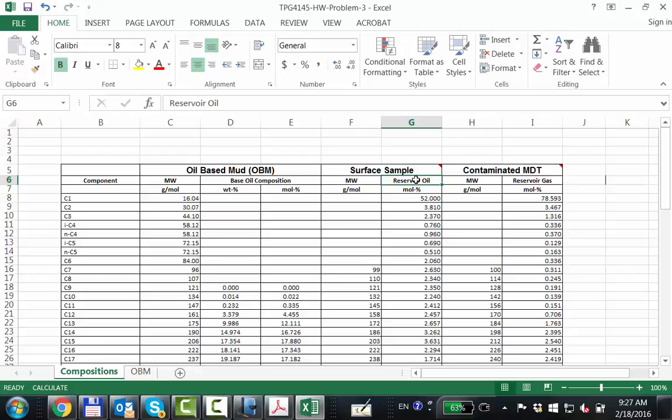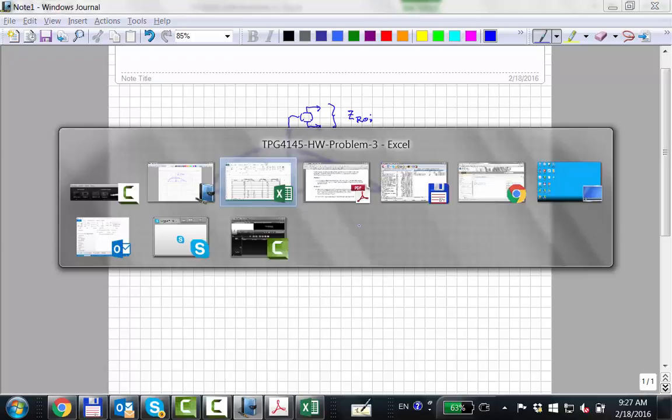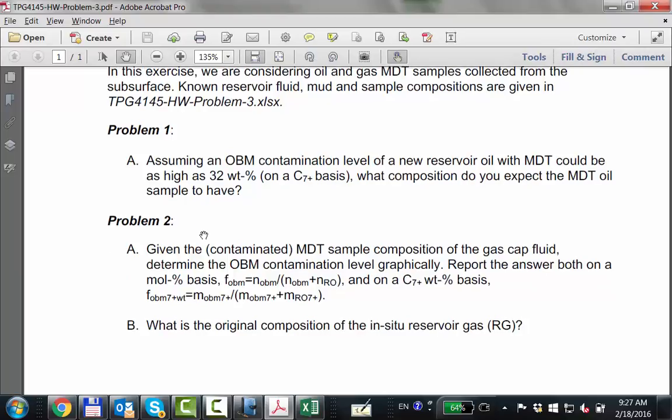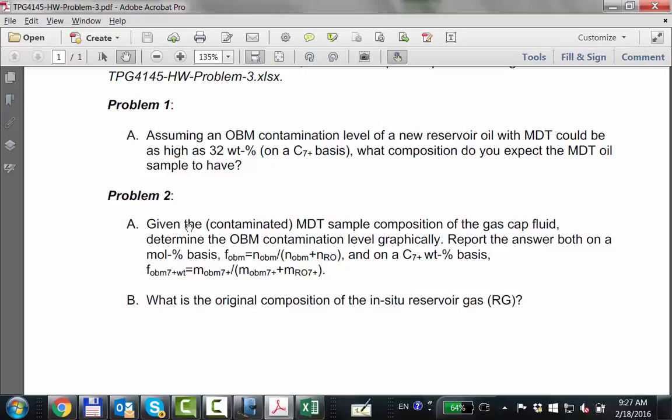So you need basically a column for the reservoir sample weight fractions, and then you can isolate only the C7 plus fractions, and then recombine the two together. And then we're interested in what is the composition that you expect for the entire sample if you had that level of contamination. How would it look different? Okay, so that's the first problem. I'll tell you a little bit more about how to solve it.